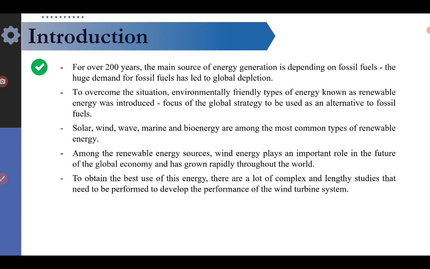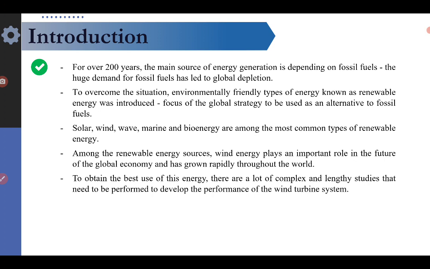So for the introduction, as we know, for over 200 years the main source of energy generation has depended on fossil fuel. To overcome this situation, environmentally friendly energy known as renewable energy was introduced, mostly to be one of the global strategies used as an alternative to fossil fuel.